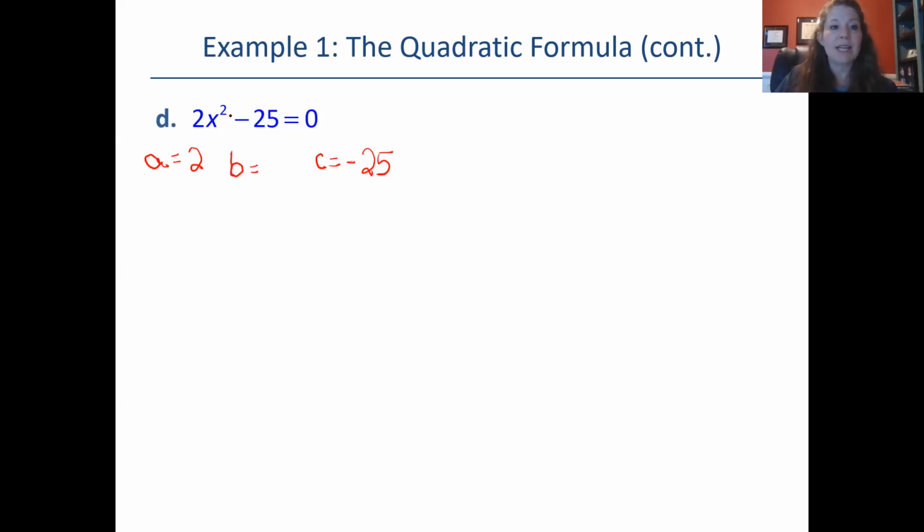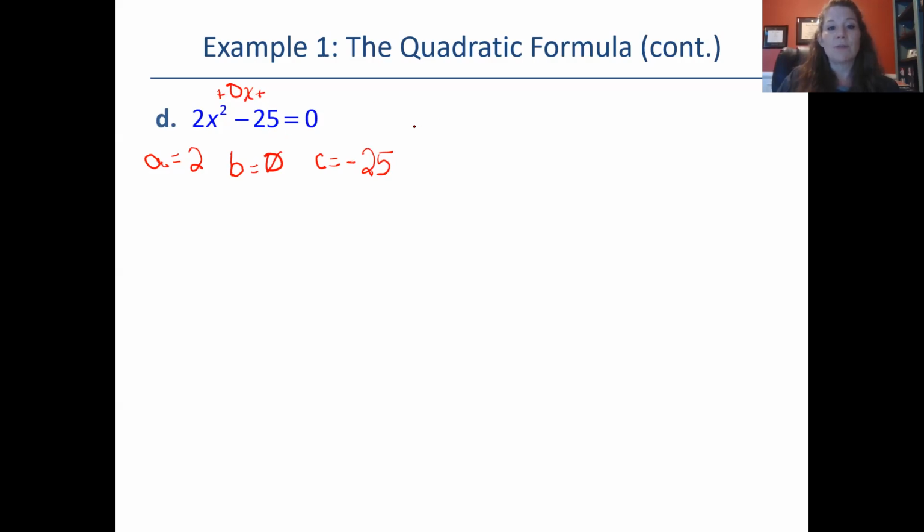Since we don't have an x term, what times x would equal 0? Well, of course, the answer is 0. If you don't have a letter B or a letter C, one of those two letters is going to equal 0. In this case, it's B, because 0 times x is just 0. And so it's okay if you drop that. You don't write plus 0, right?